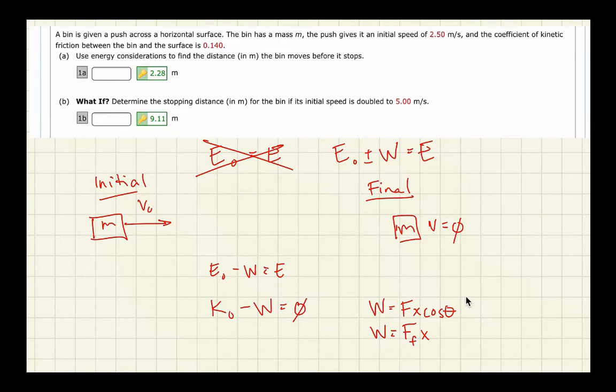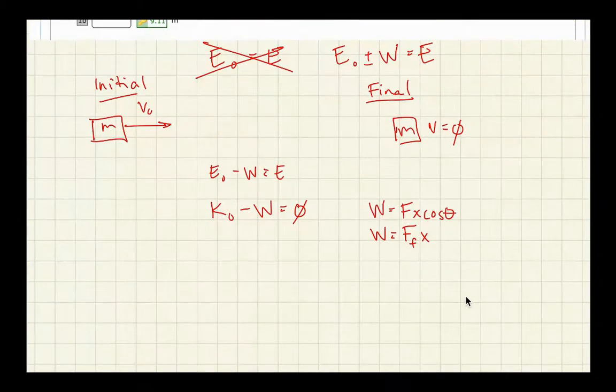So in order to answer this question, I need to figure out what that force of friction is. That's equal to the normal force times mu. The normal force is going to be equal to the gravitational force. So frictional force equals m times g times mu.